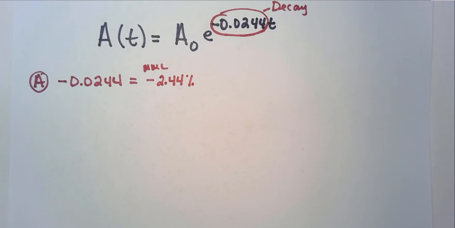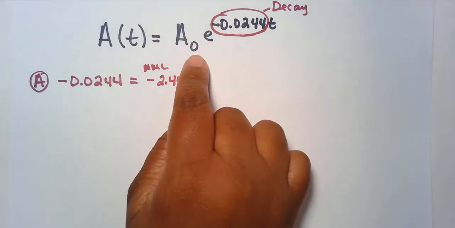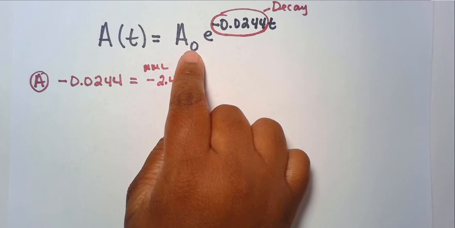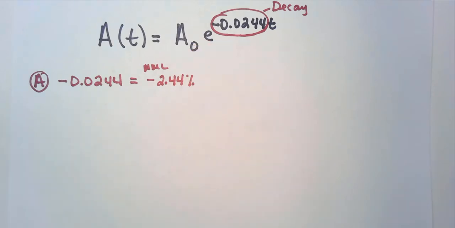B, it says here, how much strontium 90 is left after 40 years. Okay, so we need to set up our equation in that we're going to plug in A sub 0, because if you look at the second sentence, it says assume that a scientist has a sample of 500 grams of strontium 90.